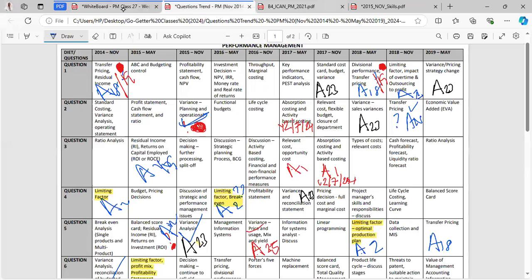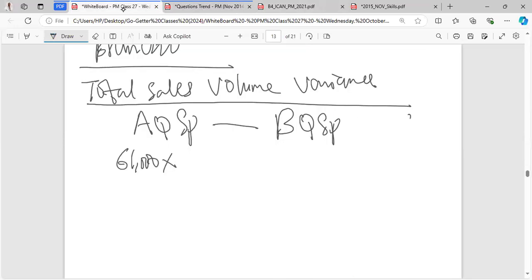So I will say SP equals SC, so let me change this to SC, standard contribution margin. Standard contribution margin is 40 naira.